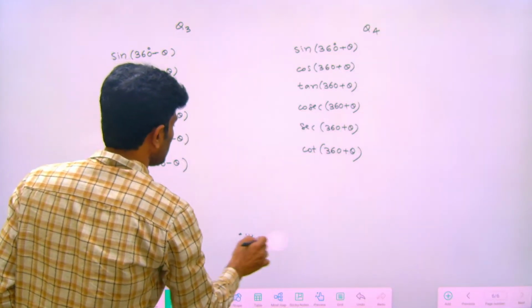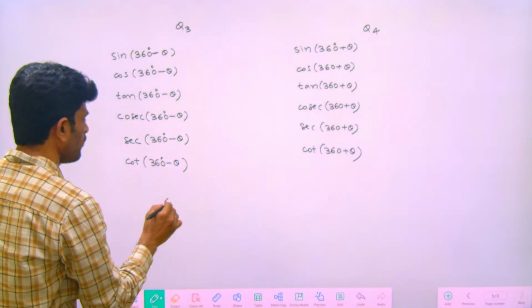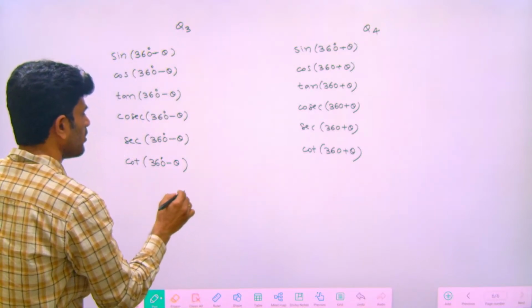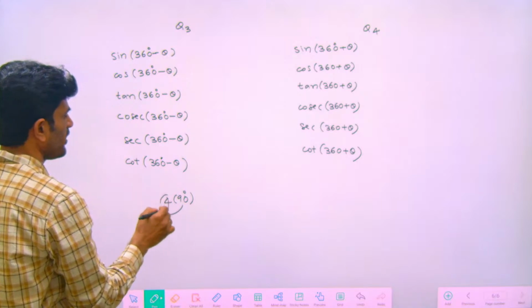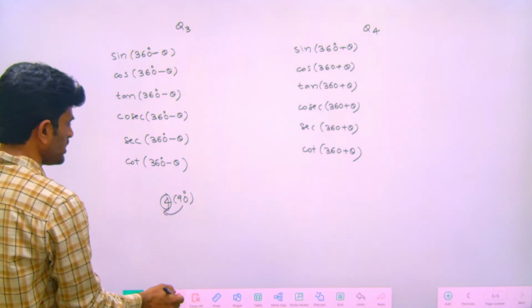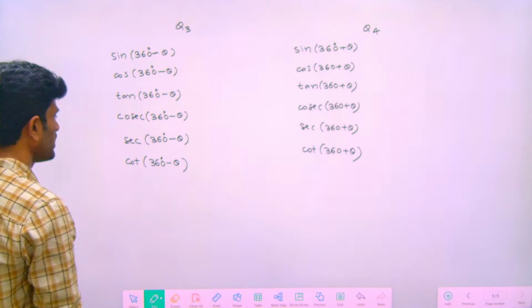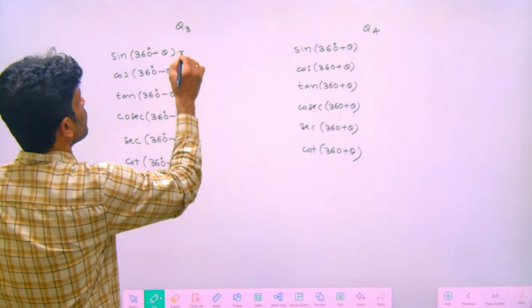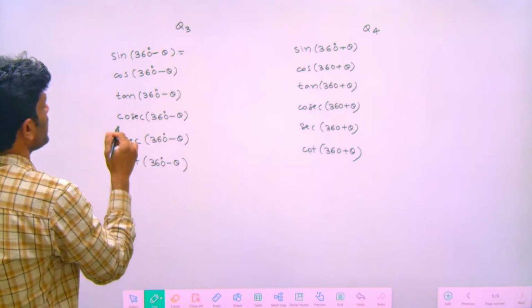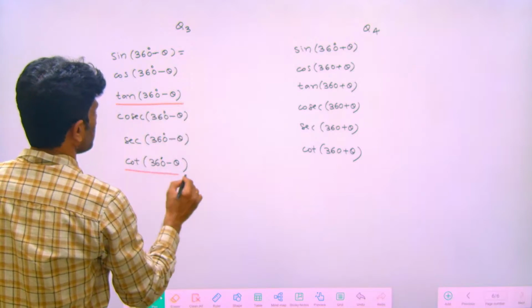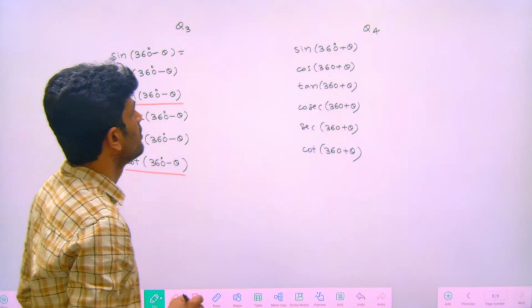And because 360 can be written as 4 into 90 degrees, 4 is an even number, so there will be no change in the trigonometric ratio. So what are positive in the third quadrant? Tan and cot. Remaining all are negative.